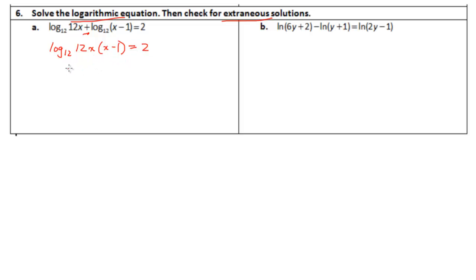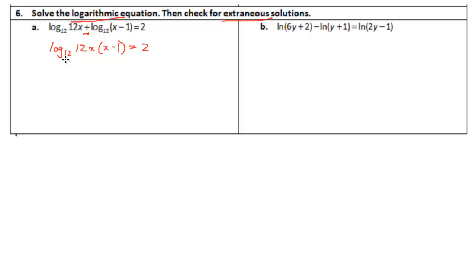I haven't reviewed this, so I'm just thinking out loud a little bit. The way we want to solve this is, earlier in the videos, we will rewrite this as an exponential equation.